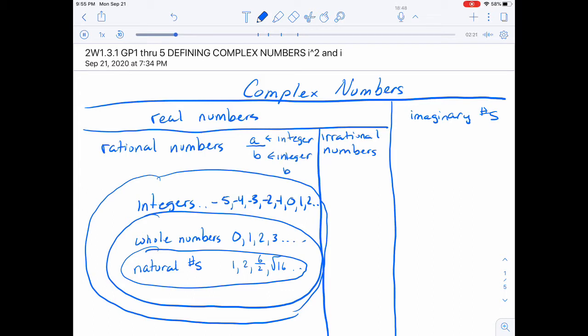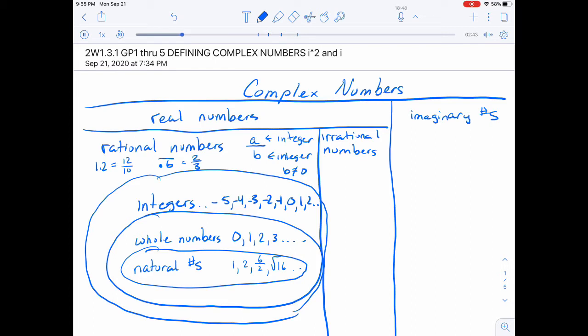And of course, b cannot equal 0, such as 1.2. 1.2 is equivalent to 12 over 10. 12 is an integer and 10 is an integer. The repeating decimal of 0.6, which is equivalent to 2 over 3. 2 is an integer and 3 is an integer.